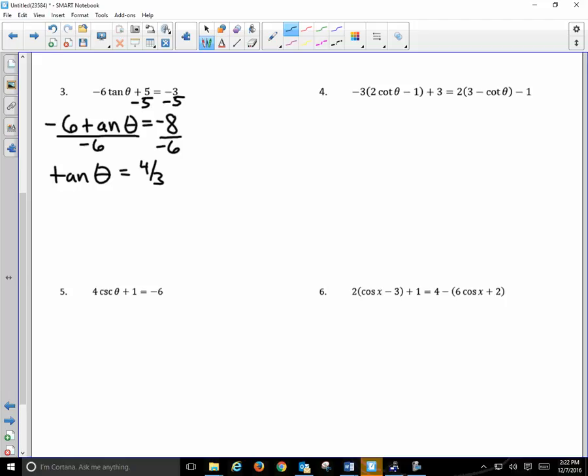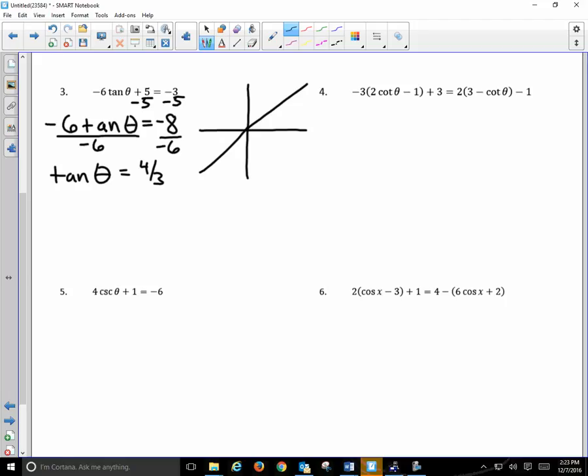That part's not difficult, is it? Now is where we start getting a little bit more difficult. Is tangent positive or negative? Which quadrants is tangent positive in? First and third. All students take tangent. Tangent's positive in third.